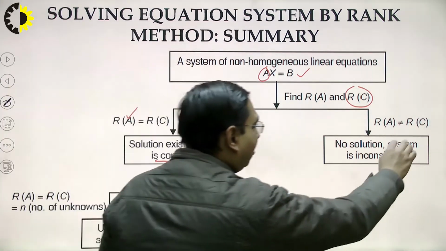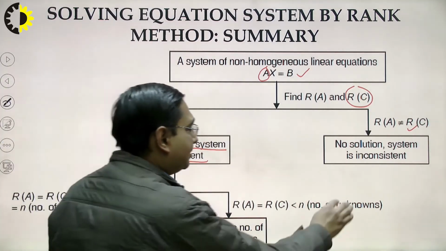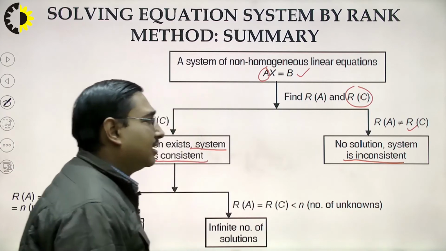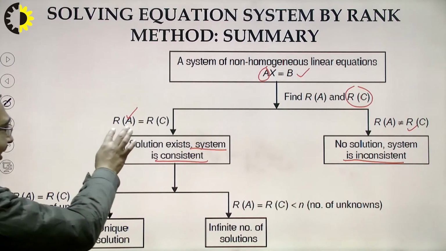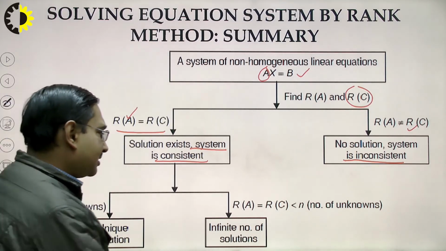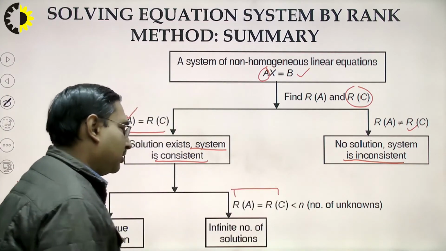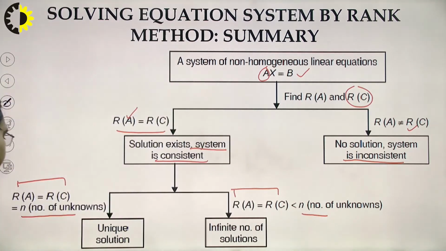If rank of A is different from rank of C, then system will be inconsistent, that is, system will have no solution. If rank of A equals rank of C, then two possibilities are there. One is rank of A equal to rank of C equal to number of unknowns, and another is rank of A equal to rank of C but less than number of unknowns.